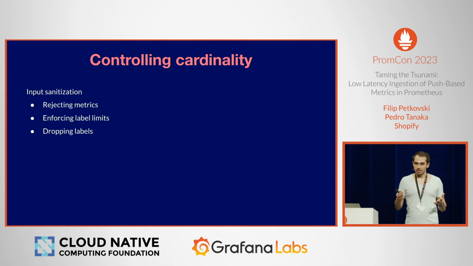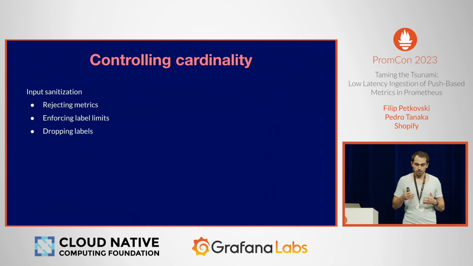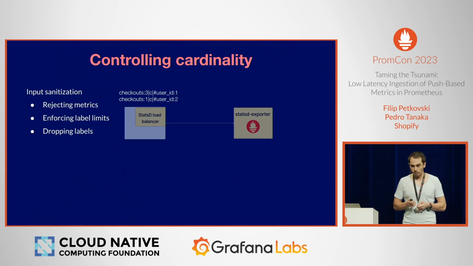We've also had things like Ruby objects getting shoved in the label values, so we can also drop those in a much more efficient way. But the biggest benefit that we get from this pipeline is that we can actually safely drop labels, which is not something that we can do with relabel configs.